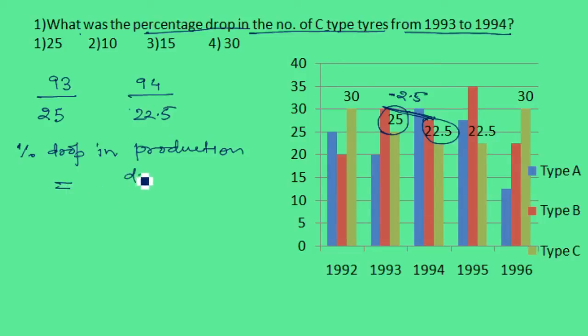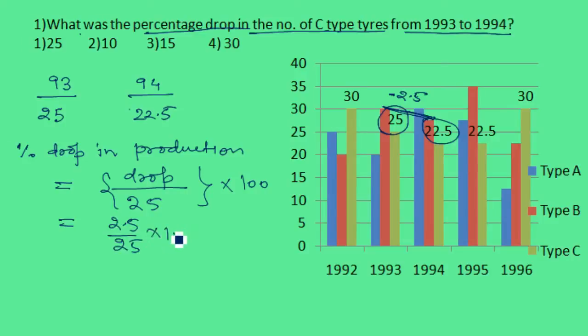It's the drop divided by the 1993 value, that is 25, multiplied by 100. So 2.5 by 25 into 100 becomes 10%. So let's see the next question.